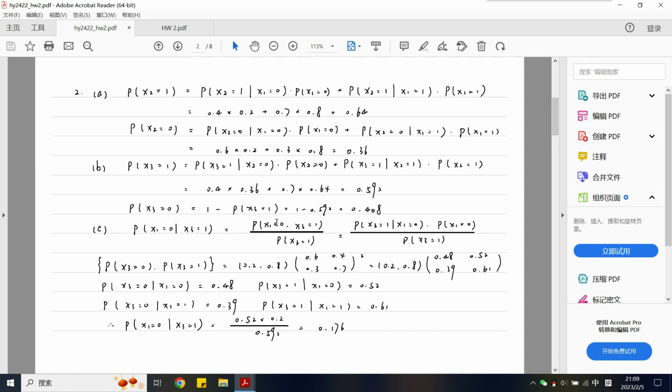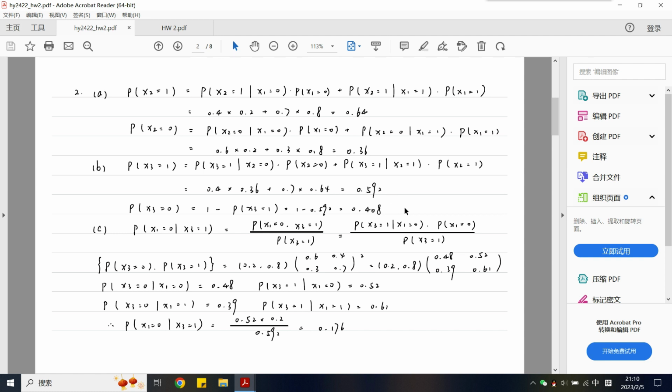It will be the probability x1 is 0 and x3 is 1, divided by the probability x3 is 1. And the probability x1 is 0 and x3 is 1 equals the probability that x3 is 1 given that x1 is 0 times the probability that x1 is 0.